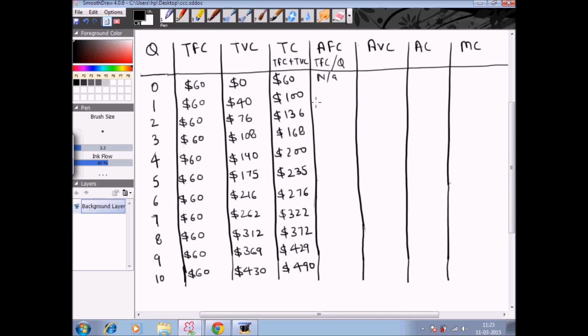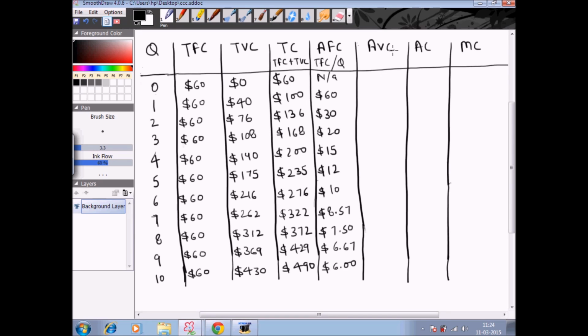So likewise we calculate the average fixed cost. $60 divided by 0, so 0 in the first case, then $60 divided by 1, so 60 in the second case, then $60 divided by 2, so 30, then 20, then 15, then 12, 10, 6.67, and then 6.00. So likewise we get average fixed cost.